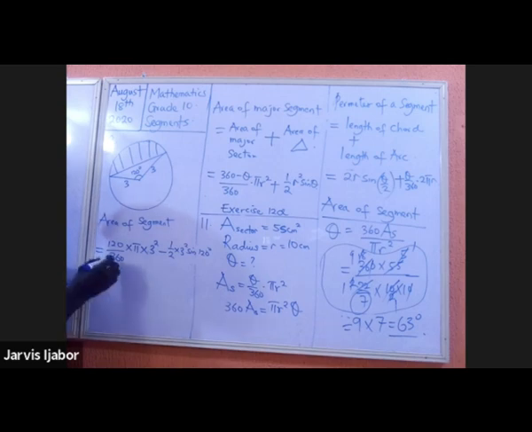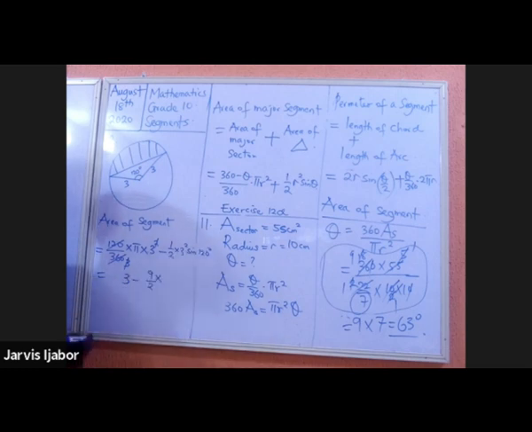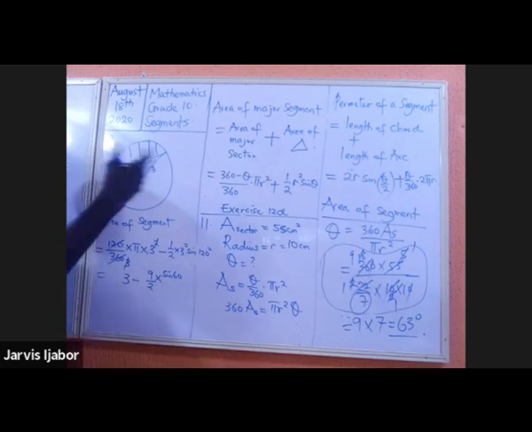So this will give me pi times 3 minus 9 over 2 times sine 120, which is the same thing as sine 60. We have done that. You need to recall your trig ratios: for the second quadrant it is 180 minus theta. You see again, they are drawing from previous knowledge.